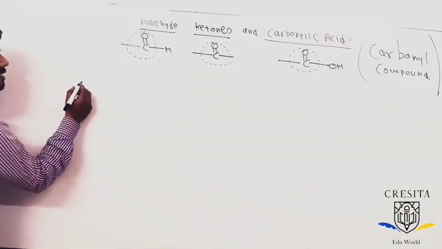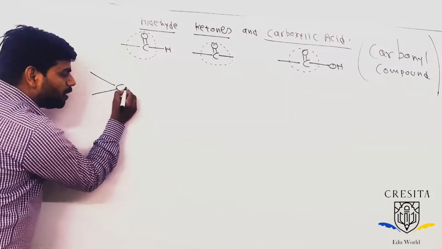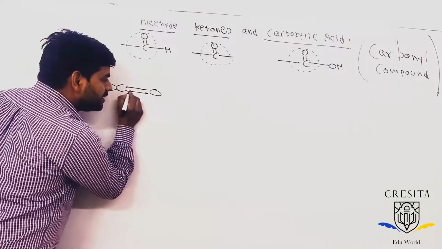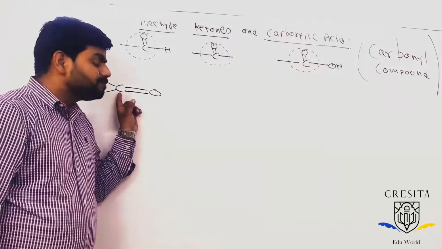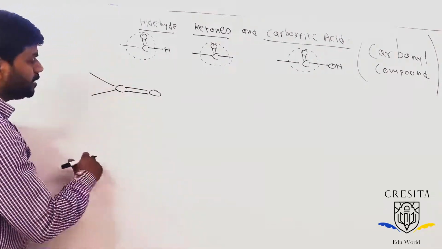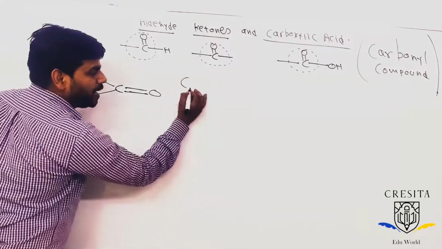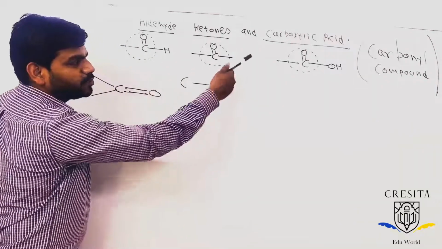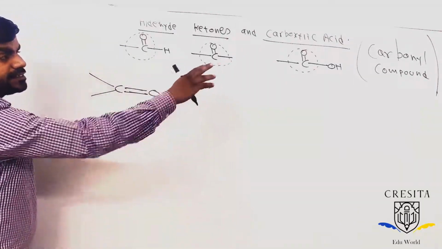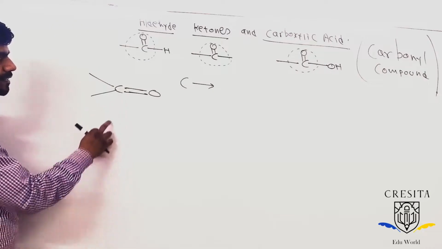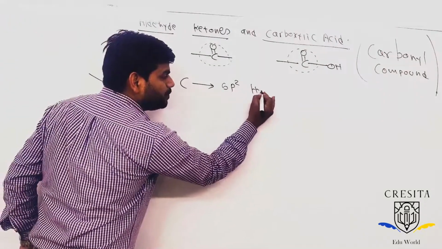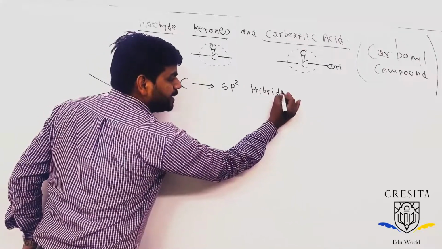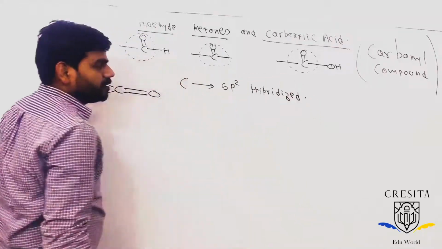Now students, in case of carbonyl compound, we can see carbon is planar. Planar means carbon is sp2 hybridized. So in aldehyde, ketones and carboxylic acid, there is a carbonyl group present, and in carbonyl group, carbon is sp2 hybridized. Okay.